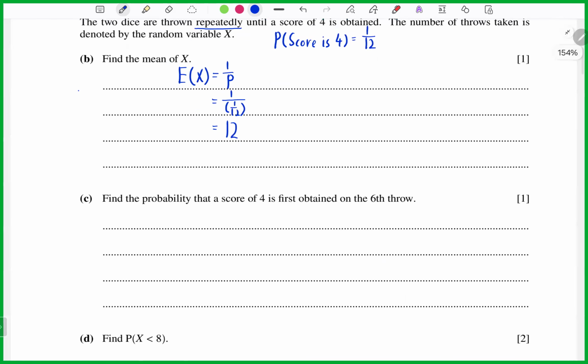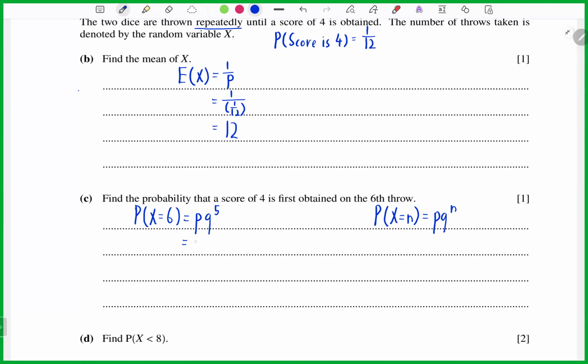Let's look at question C. Find the probability that a score of 4 is first obtained on the 6th throw. Okay, it means P(X equals 6), right? So you should take p q to the power 5, because we apply this formula for geometric distributions.